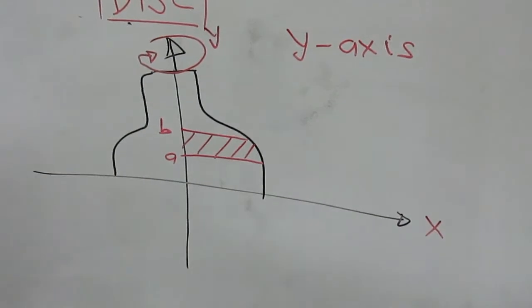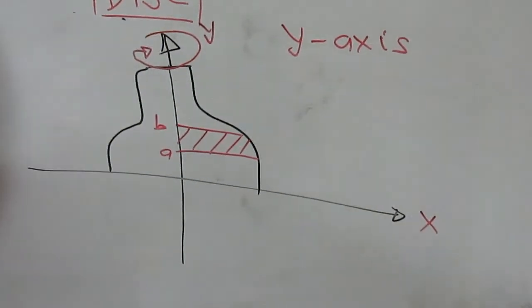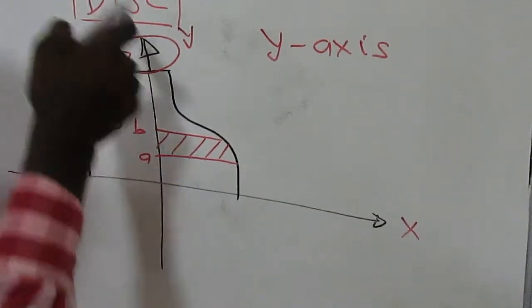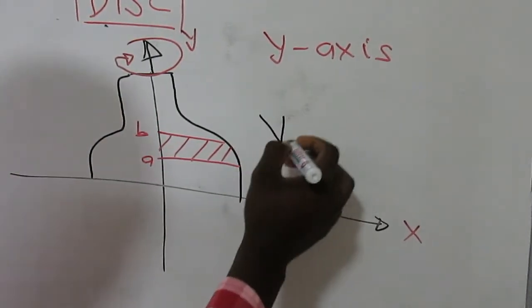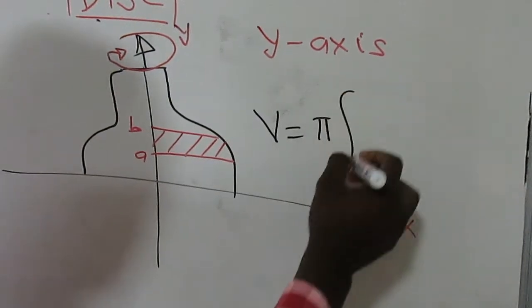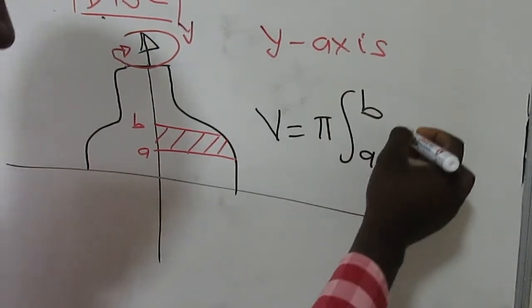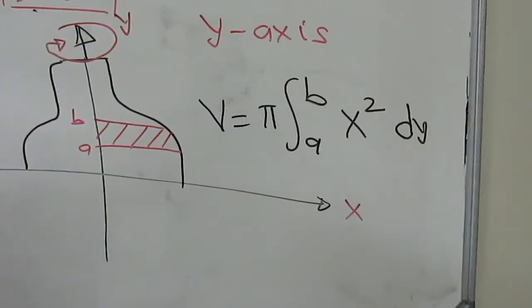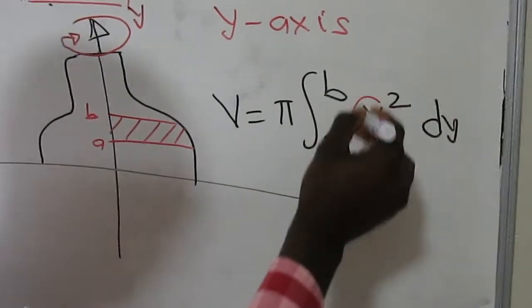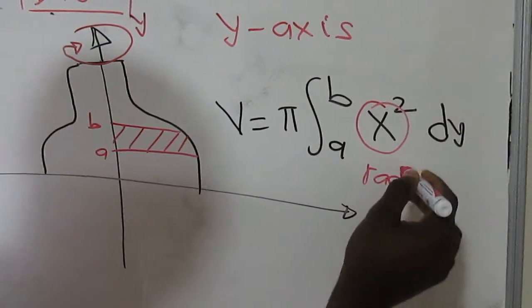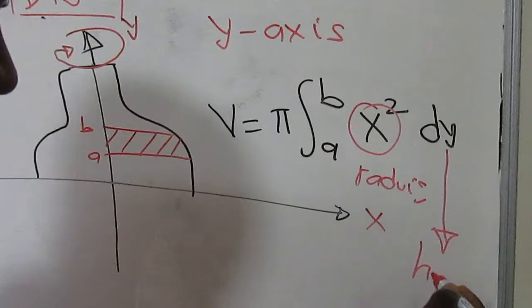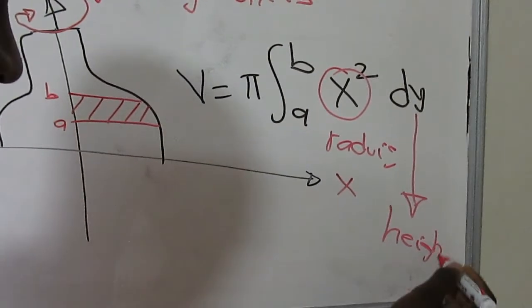So what is the formula you're going to apply in order to calculate the volume of this body when rotating in the y-axis, using this method? V is equal to pi, integral from a to b, of x squared dy, where x is the radius, and dy is the thickness of that body.